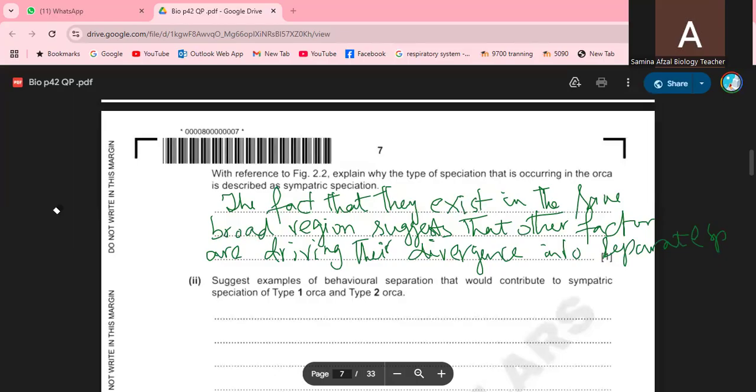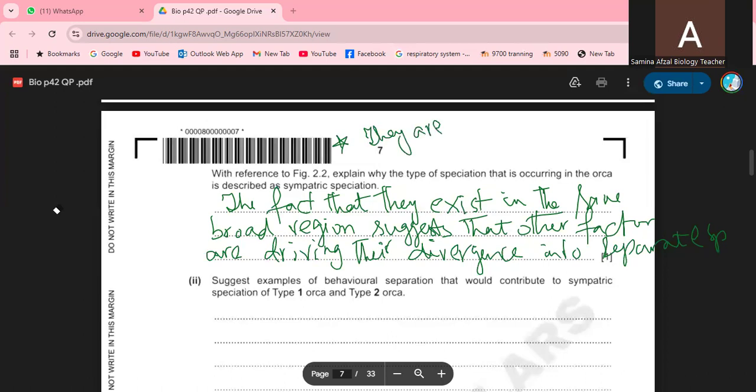As already told, sympatric speciation is the evolution of new species from a single ancestral species. So here they are present. One more point I want to write.